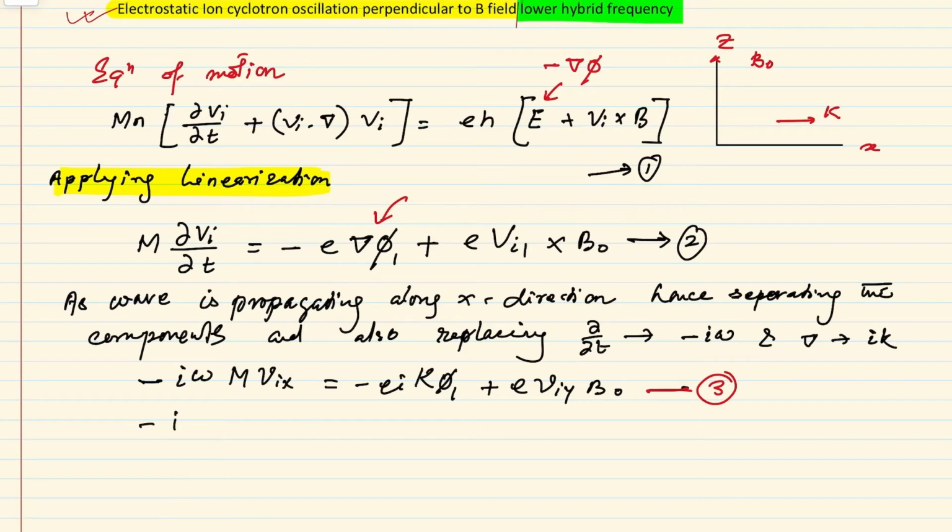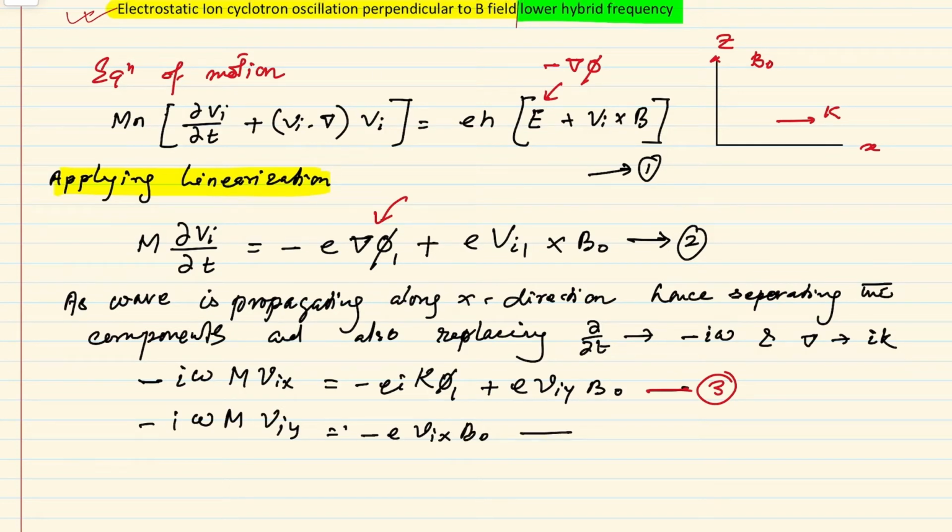Then the y component will be minus i omega M viy is equal to, sorry, I made a mistake here, it will be minus e vix B naught.